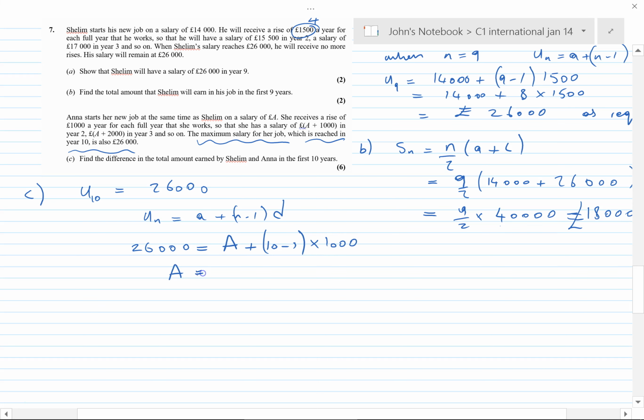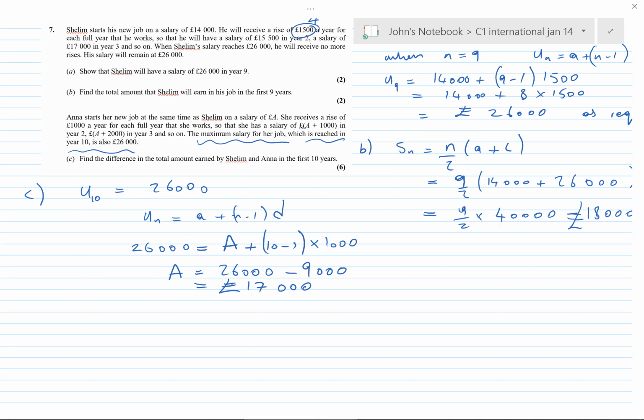So A is equal to 26,000, if we work that out, minus 9,000, which is 17,000. Okay, so that's the first part of the question.